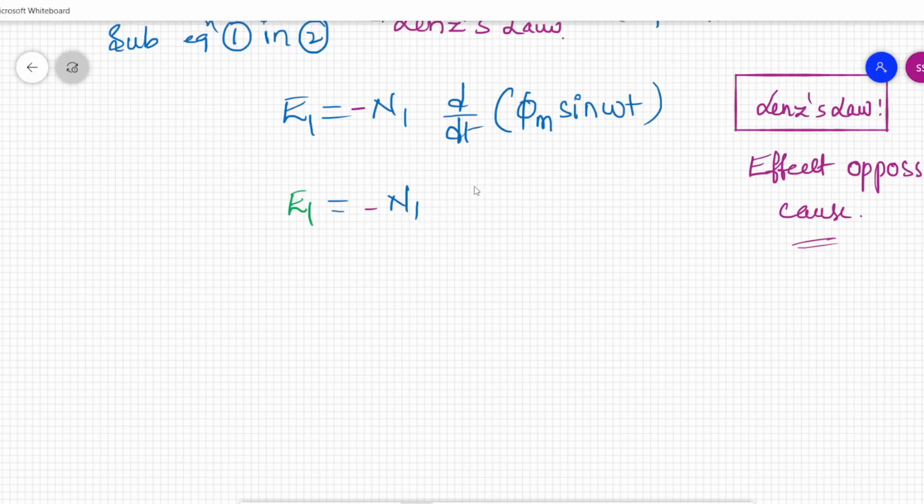flux itself. Now d by dt of phi m sin omega t will be phi m cos omega t into omega, because it is with respect to t. Now it can be N1 phi 1 omega, where I am taking the negative sign to cos omega t.